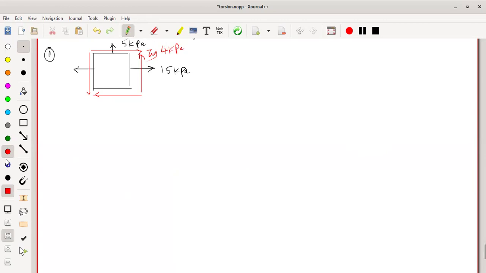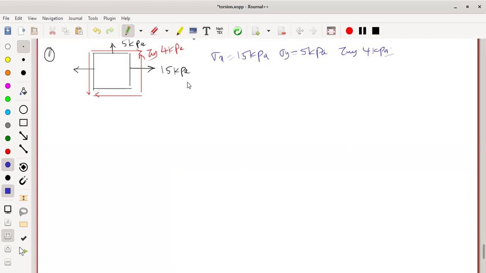So based on this diagram, you can conclude that sigma x is 15 kilopascals, sigma y is 5 kilopascals, and tau xy is 4 kilopascals. This is the question you had given.